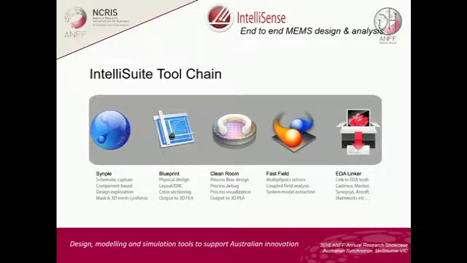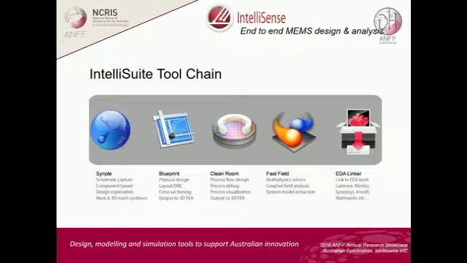And then IntelliSense, which is another suite of tools. We can do schematic capture, which we tend not to do. It's got Blueprint, so we can do layout with this, but I prefer LEdit. We have this clean room modeling flow design here, which has got the etch modeling.